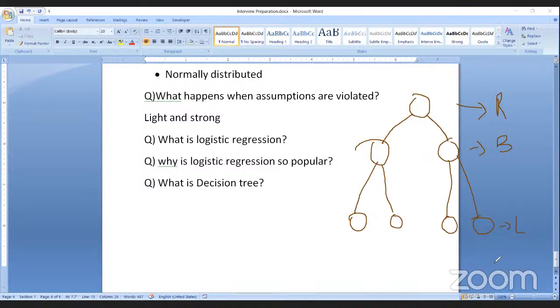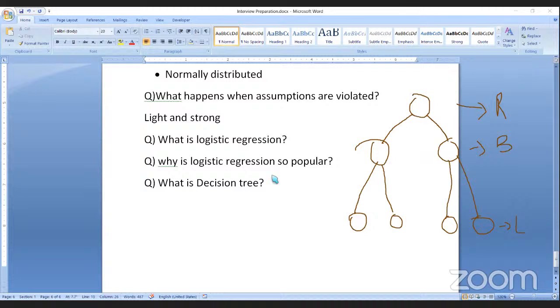Power will be coming to entropy. So each node represents the test on an attribute, and each edge denotes the outcome of that attribute, and each leaf node holds a class label. So in this way, we can find out the outcomes of decision.